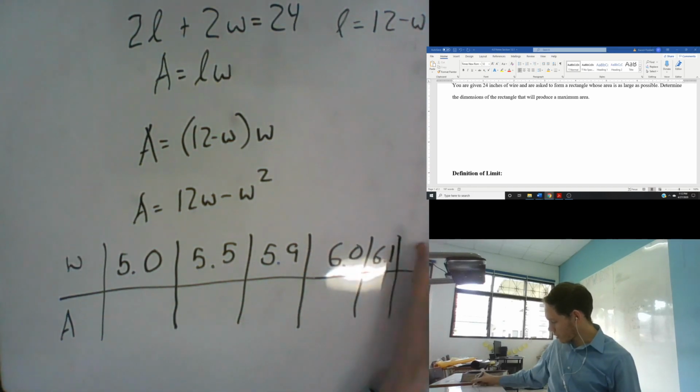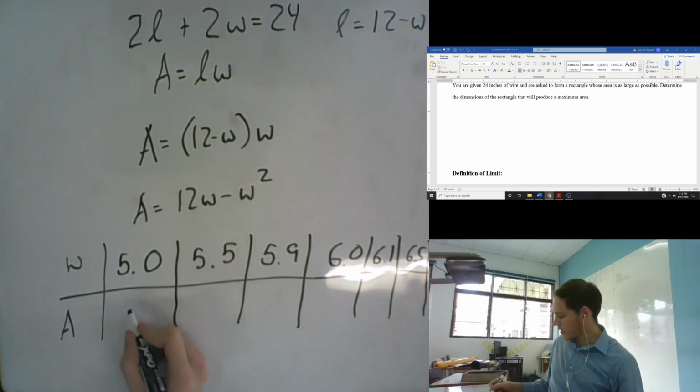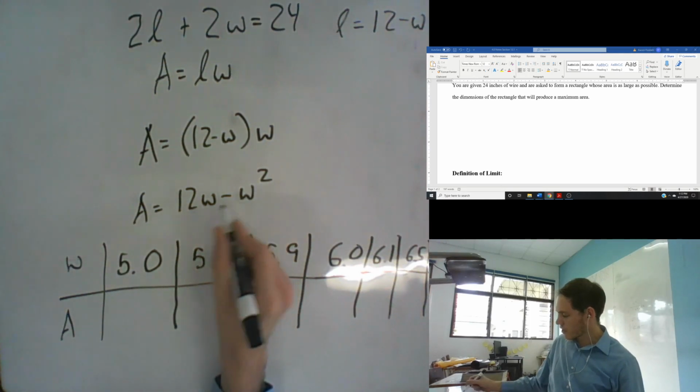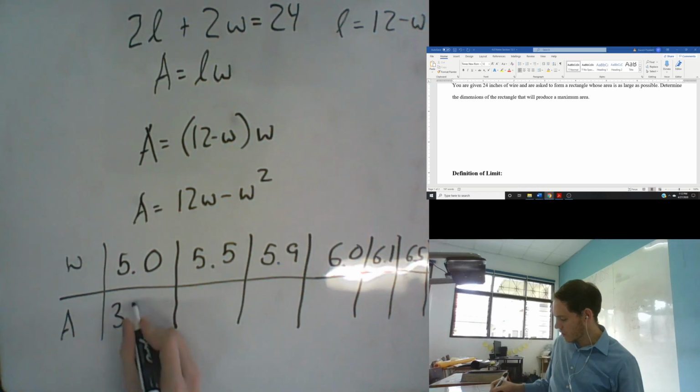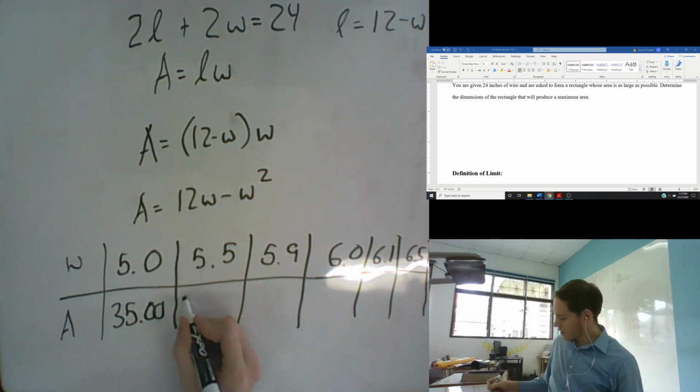Sorry, it should keep going. So 6.5. Both sides should be about the same. And 7 over here. Okay. So plugging it in here, 60 minus 25 is going to give us 35. 5.5 is just going to give us 35.75.